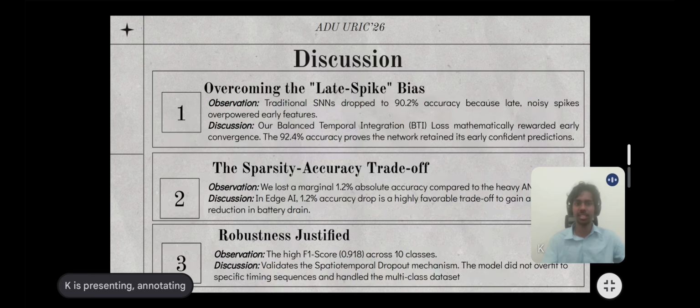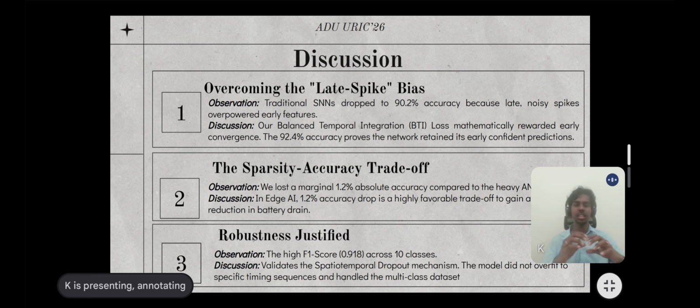Now, what exactly do these results mean? There are three things that we're overcoming here. First is the late spike bias. We're ensuring that the late spikes that appear do not affect our whole system, and this is done with the BTI loss function we've introduced, so that each late spike is penalized over each round. Next is the trade-off between accuracy and sparsity. This way we take care of both drawbacks, giving a balanced solution for accuracy and energy.